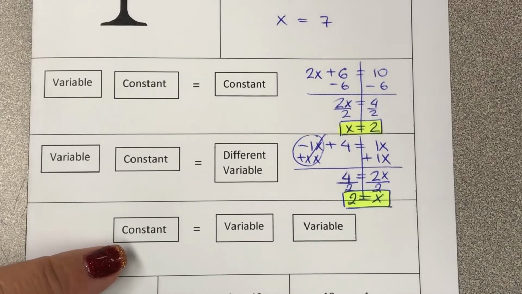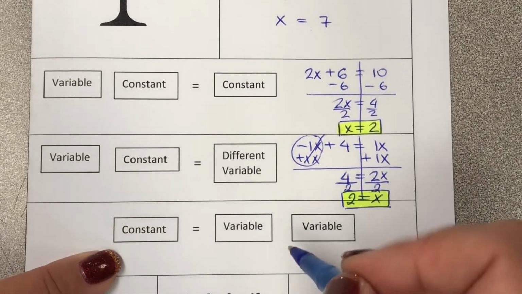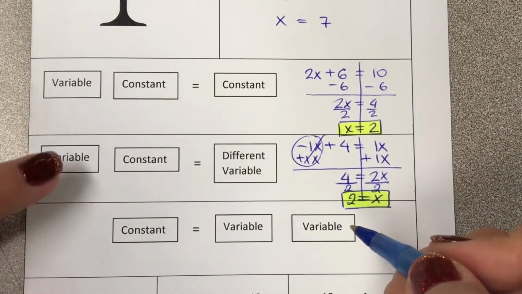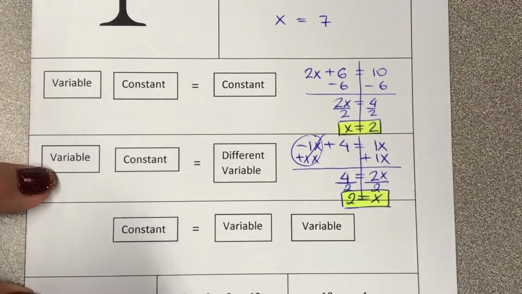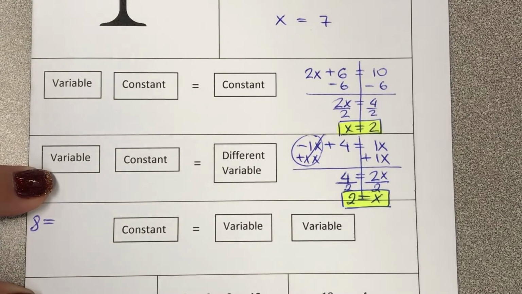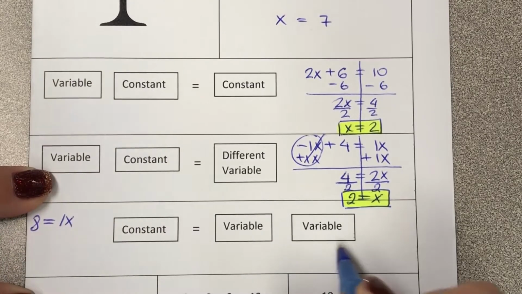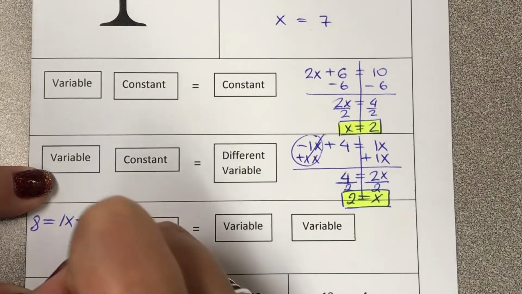So one solution means just one answer. Constant equal variable plus another variable. So let's say, plus or minus, doesn't matter. So this equation can look like this. Let's say 8 is the constant equal a variable term, could be 1x, and another variable term can be 3x.